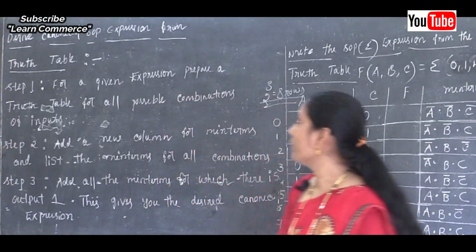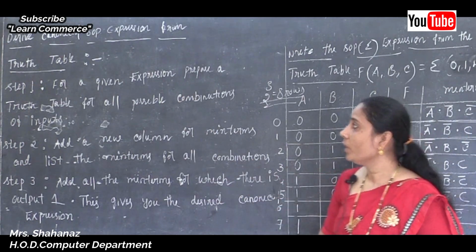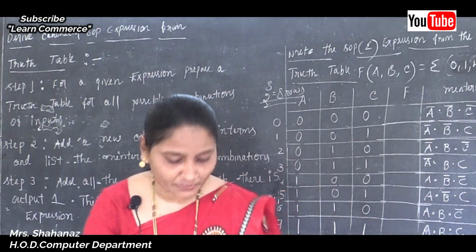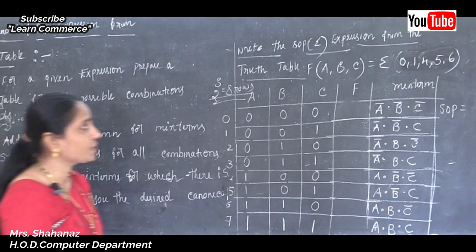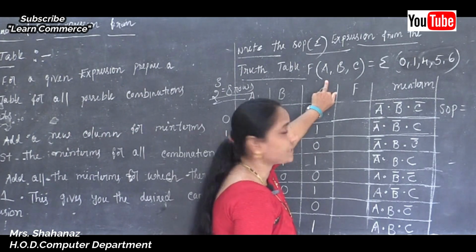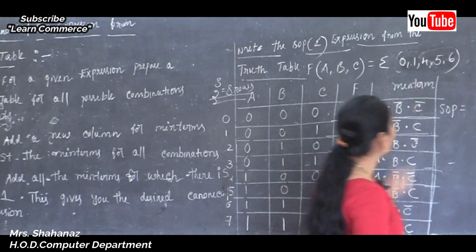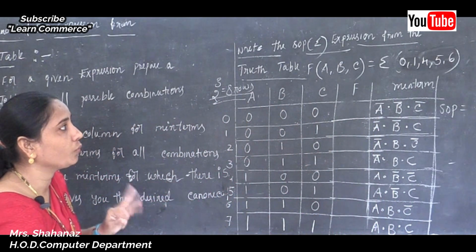The canonical SOP expression from a truth table: we know all the steps we need to follow to complete the SOP expression. Now the question is to write the SOP expression from the truth table. ABC, 3 variables are there, and we need to form the SOP by using the values 0, 1, 4, 5, 6.